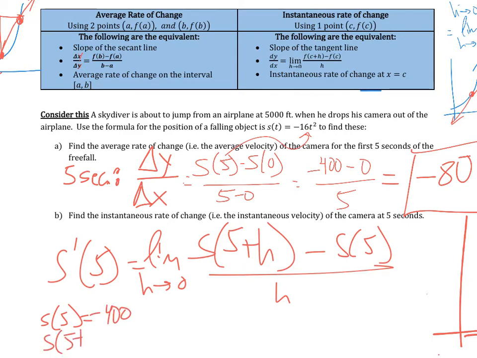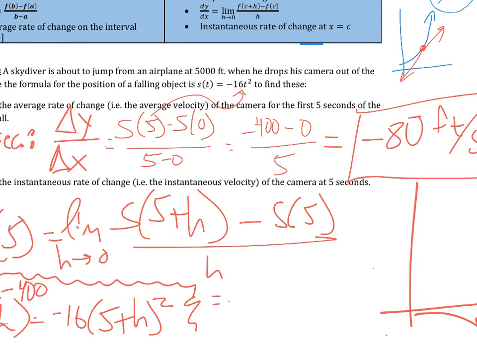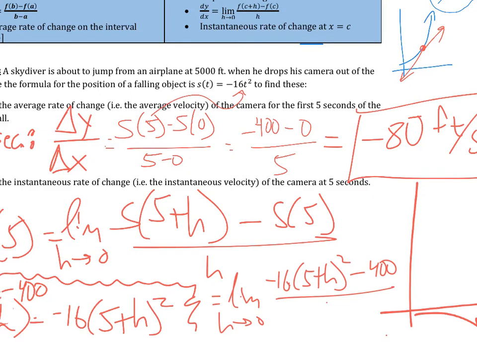S of 5 plus h is just going to be negative 16 times 5 plus h squared. So substituting here, we get the limit as h goes to 0 of negative 16 times 5 plus h squared minus 400, all over h. So what do we do from here?